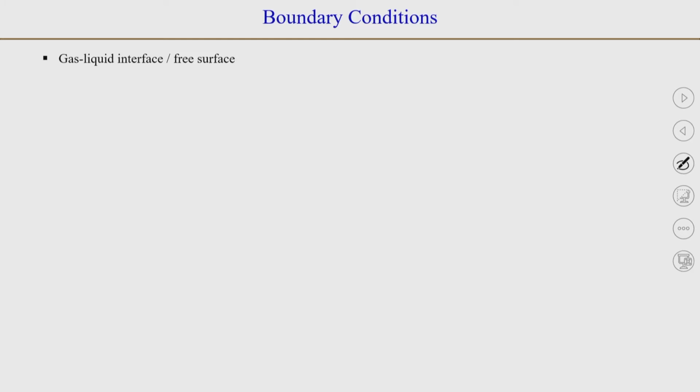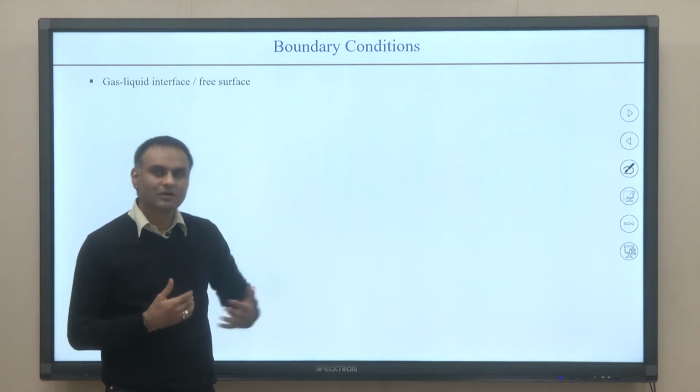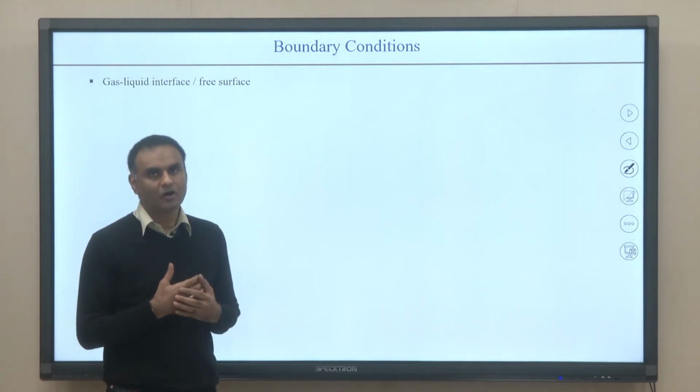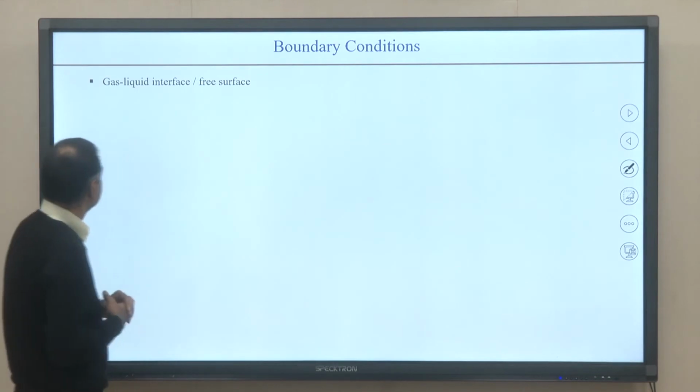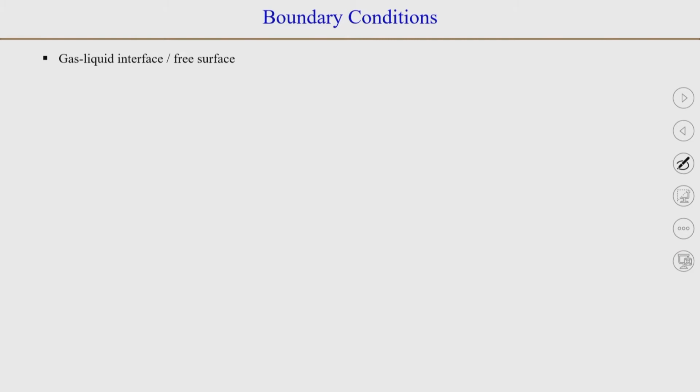Now, a special case when you have a gas liquid interface, for example, a gas liquid interface open to atmosphere. You have a liquid film falling over a wall, then what happens? At such a gas liquid interface, we still have the interface between two fluids.